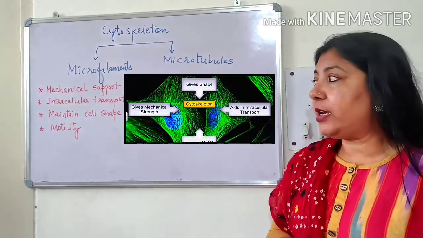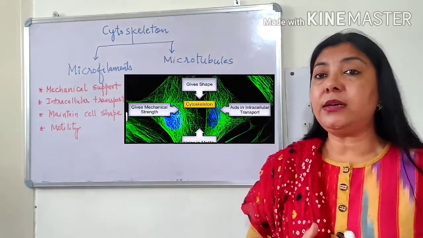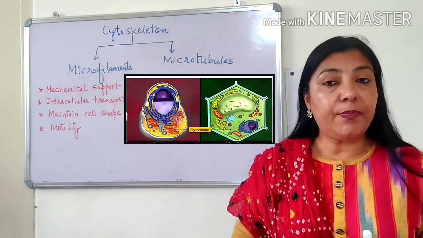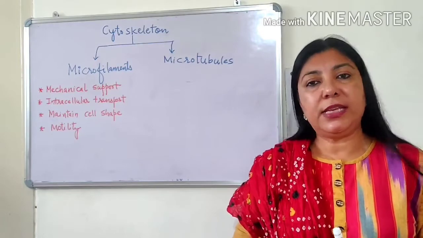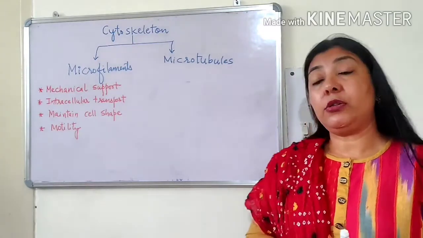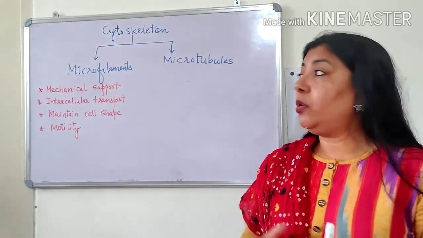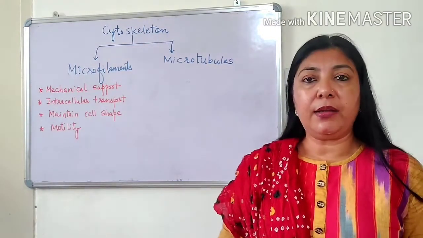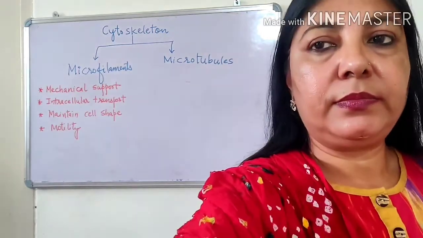And the most important, they are responsible for maintaining the cell shape because they act as a framework for the cell. And they are also responsible for cell motility. So, this is the first part, that is cytoskeleton. Let's move to the next part.